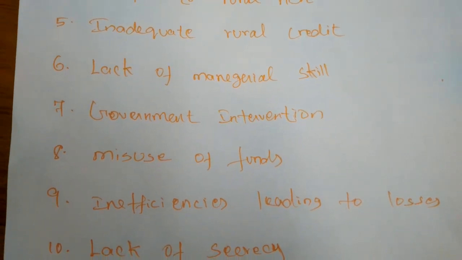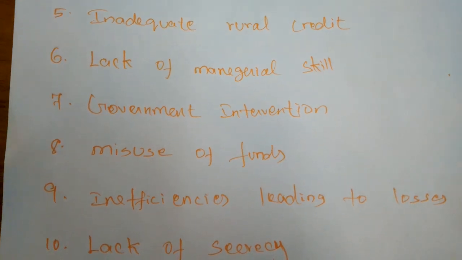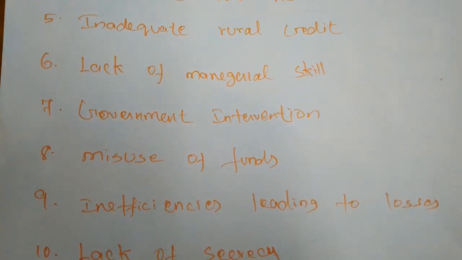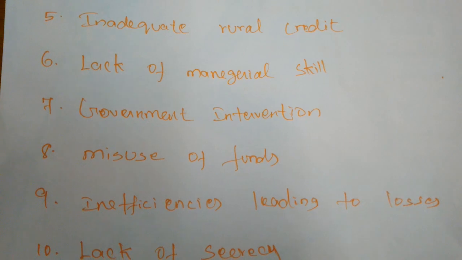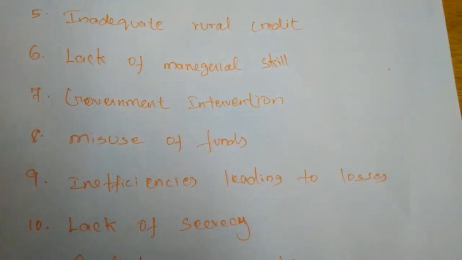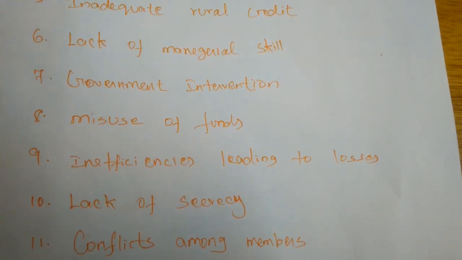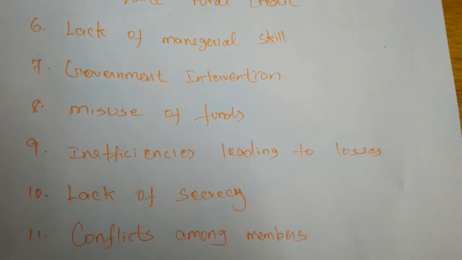Since it has limited financial resources, its ability to compensate its employees is also limited. Therefore, the managerial skills will be affected, and because of that, the development of the cooperative organizations will also be impossible.